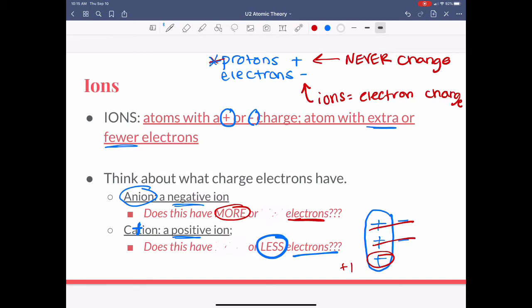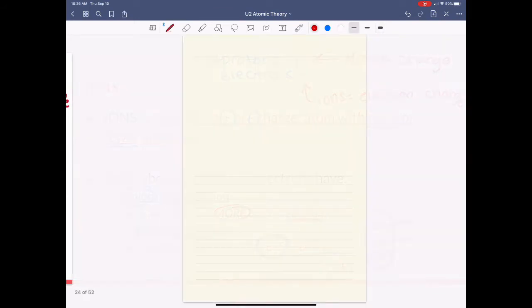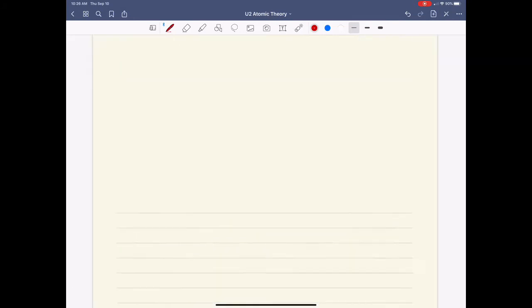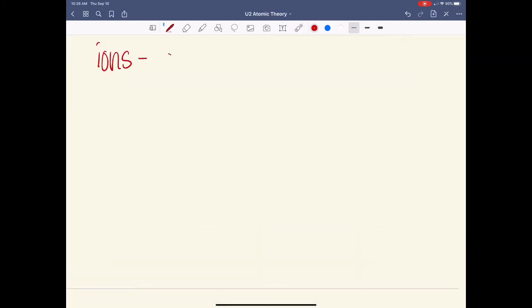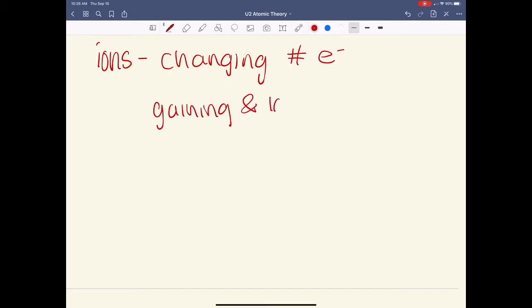Cations lost negativity, anions gained negativity. So when we're talking about ions, we are changing the number of electrons, therefore we're talking about gaining and losing negativity.